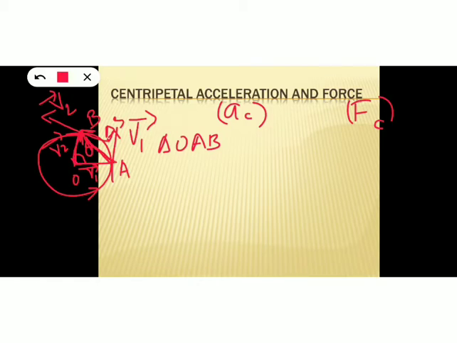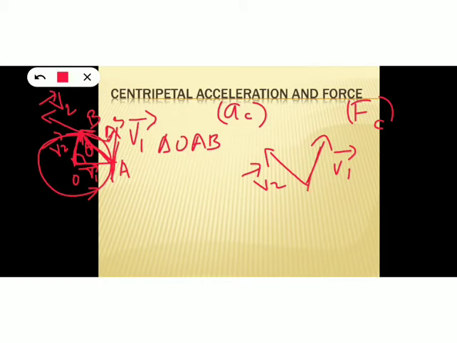Now again, draw the velocity vectors. Velocity vector V1 is acting like this, and velocity vector V2 is acting in this direction. I have joined both V1 and V2 vectors without changing their direction. V1 was acting along this path, and here also I have plotted V1 along this direction itself.